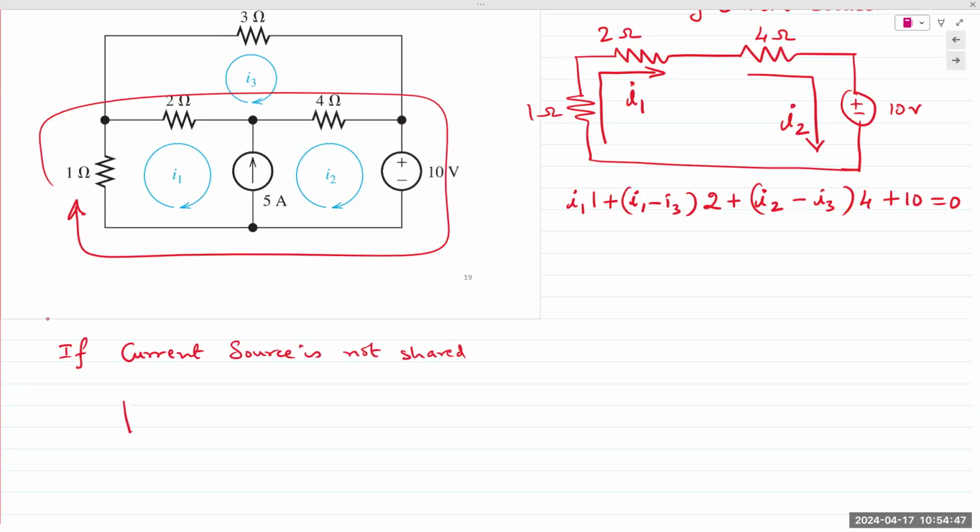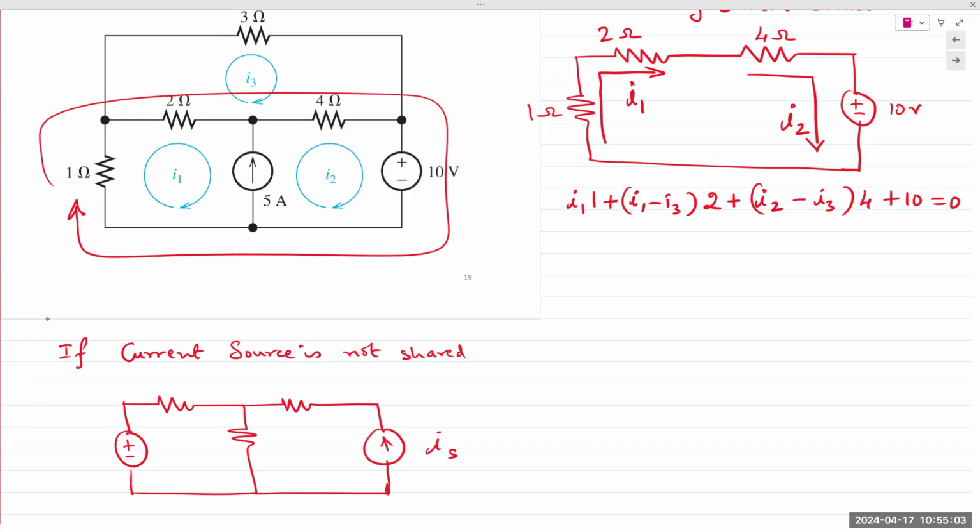Let's say I have a circuit that looks like this. How many meshes? Let's call this mesh current IX and this one IY.